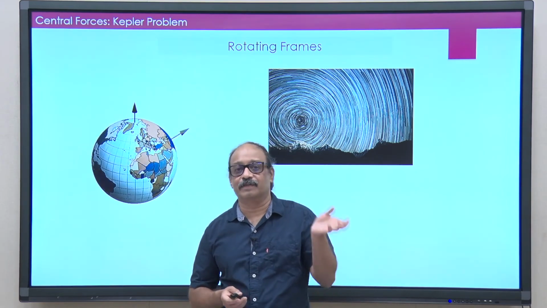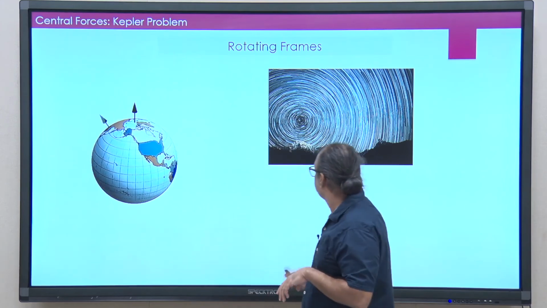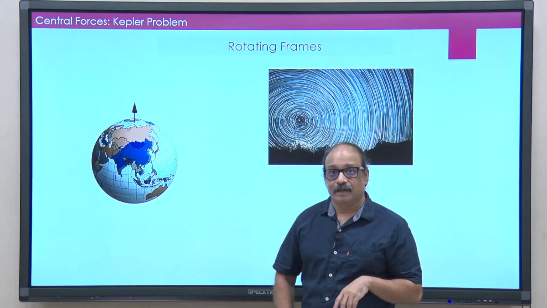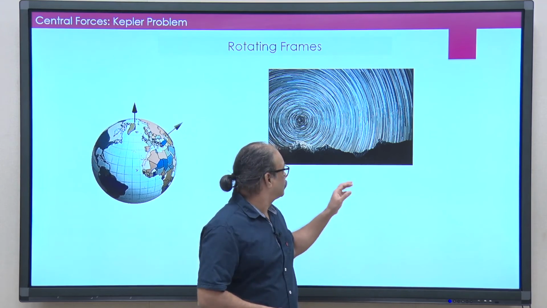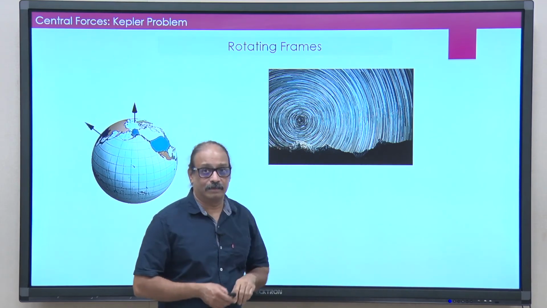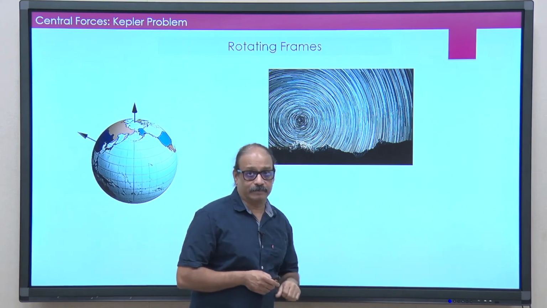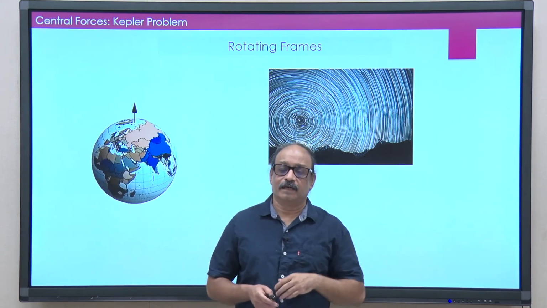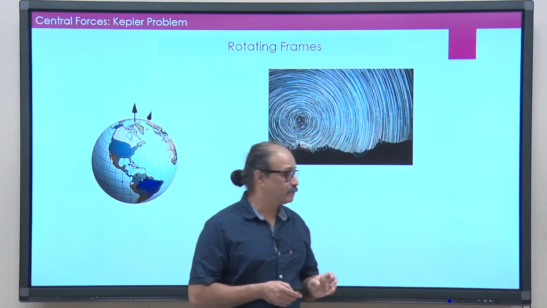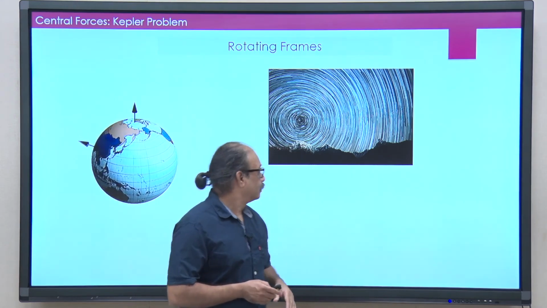Everything seems to be spinning in the opposite direction in the sky. And this is basically a picture from somewhere away from the North Pole. That is why you see this here. If you are at the equator, you probably will not see that, because of the curvature of the Earth.